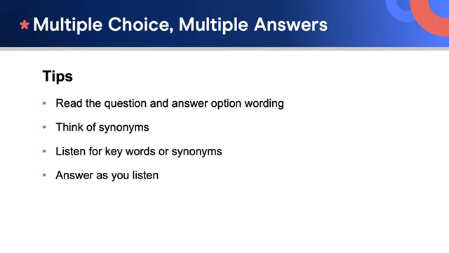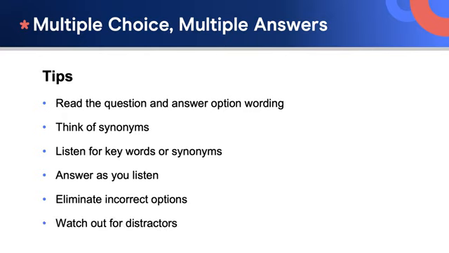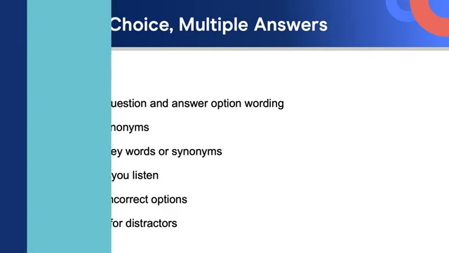Don't try and listen first and then answer the questions at the end, or you won't be able to keep up with the test. And eliminate incorrect options as you go to help narrow down the answers. Also, make sure you watch out for distractors. Often an incorrect option is mentioned in the text, but in a way that doesn't make it a correct answer. So be careful and don't fall for these tricks.